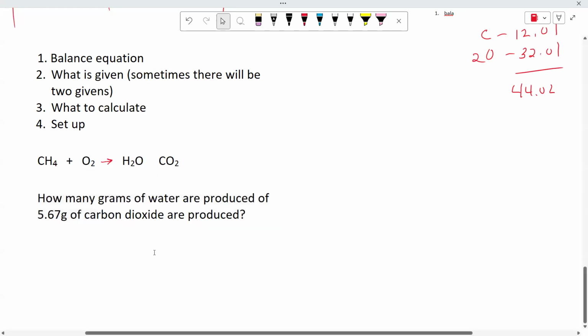How many grams of water are produced if 5.67 grams of carbon dioxide are produced?